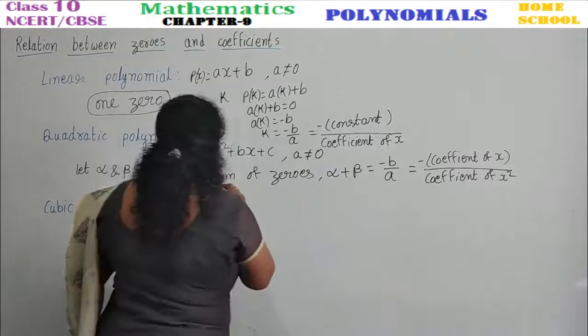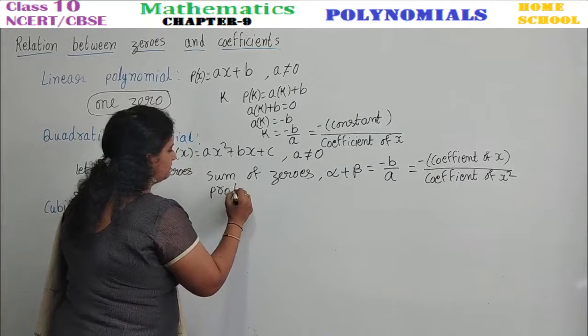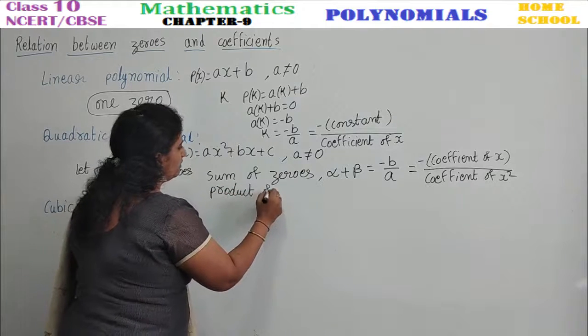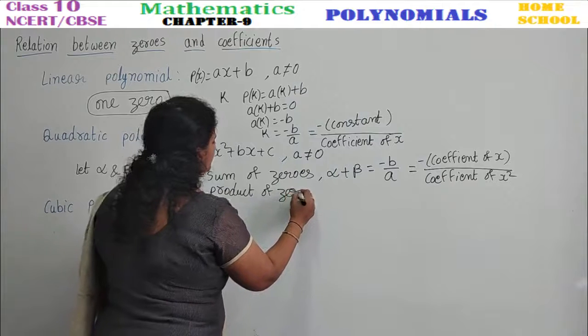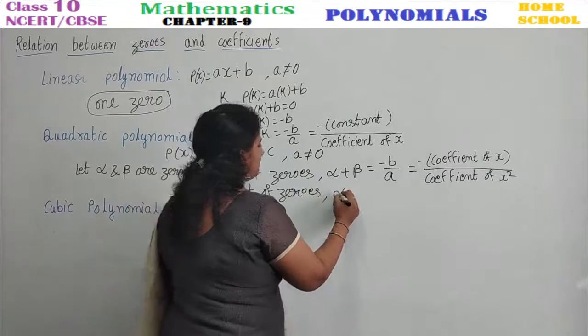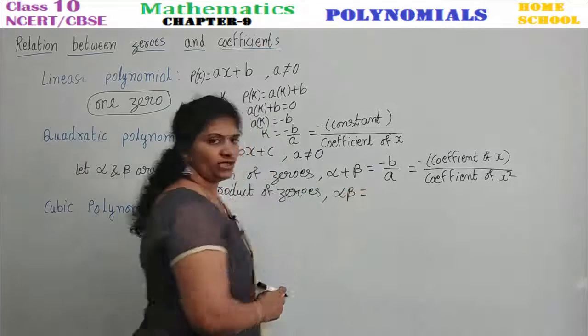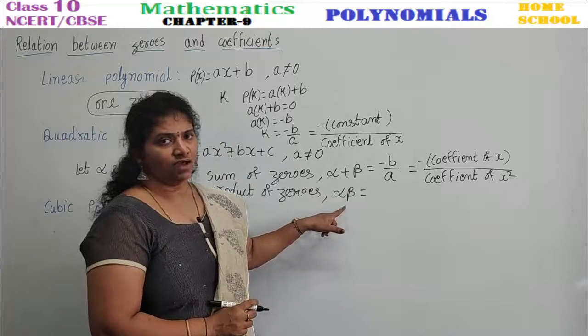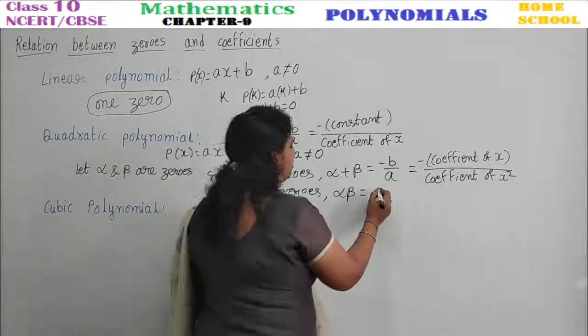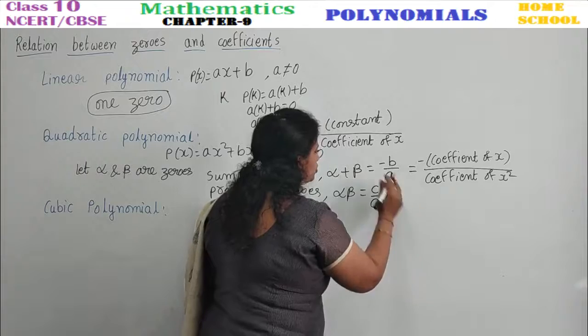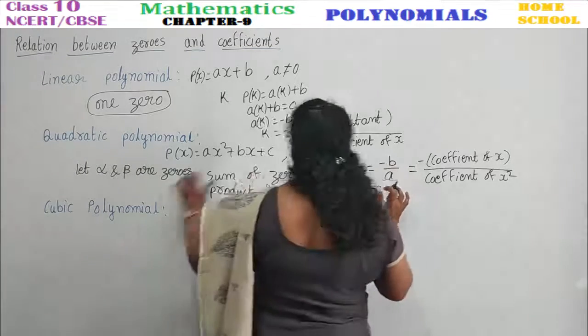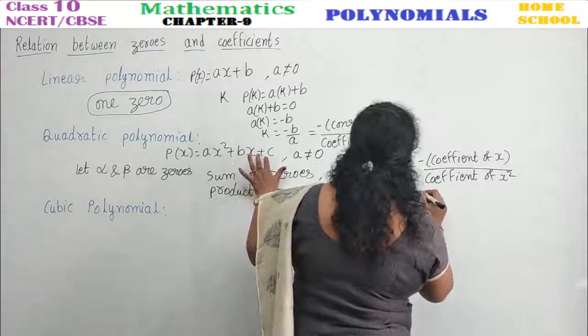Now, product of zeros. Product of zeros. Alpha, beta. Product means into, no? Alpha, beta is equal to c by a. You should remember these all. Where is c? C is the constant.